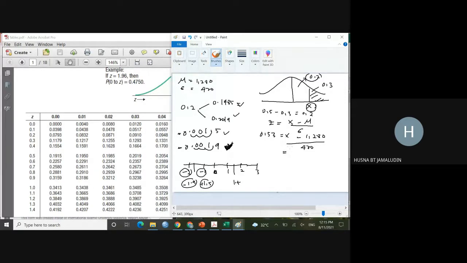Okay, to make it easy, this 420 should multiply with this, and you should get the value of 222.6, and then you will have x minus 1280. And then to get the x, definitely this negative value should go to the left side, and you will get your x equals 1502.6.